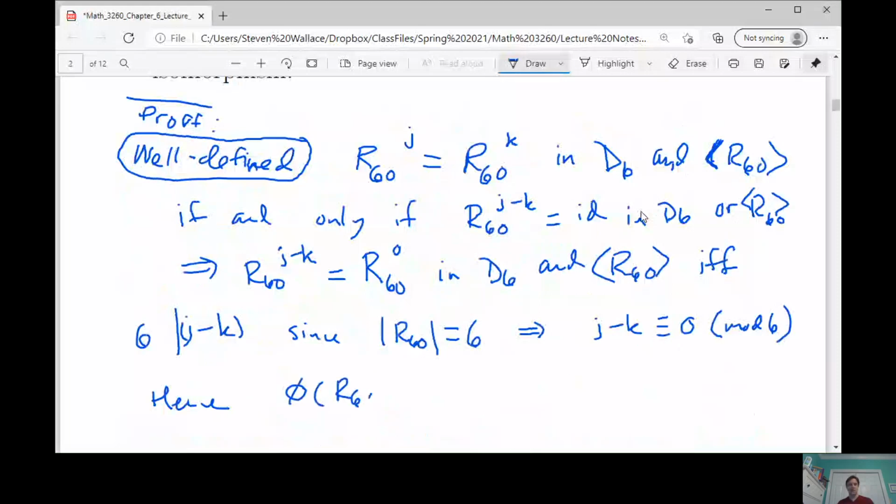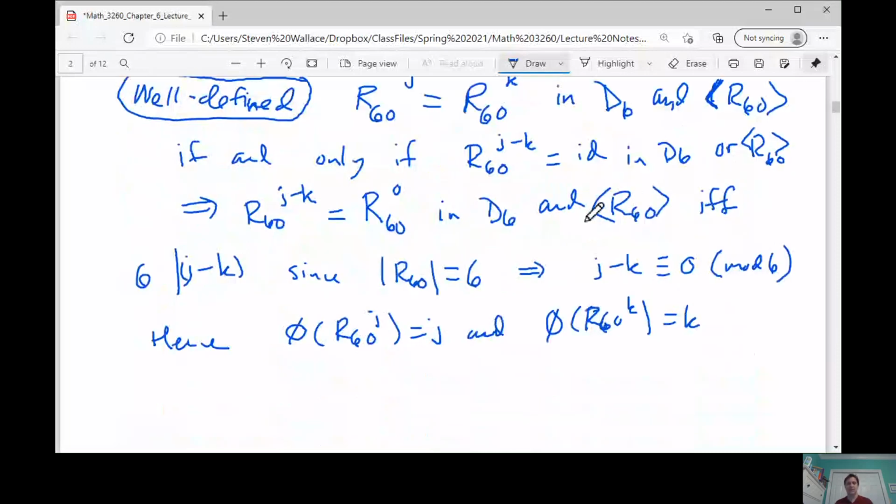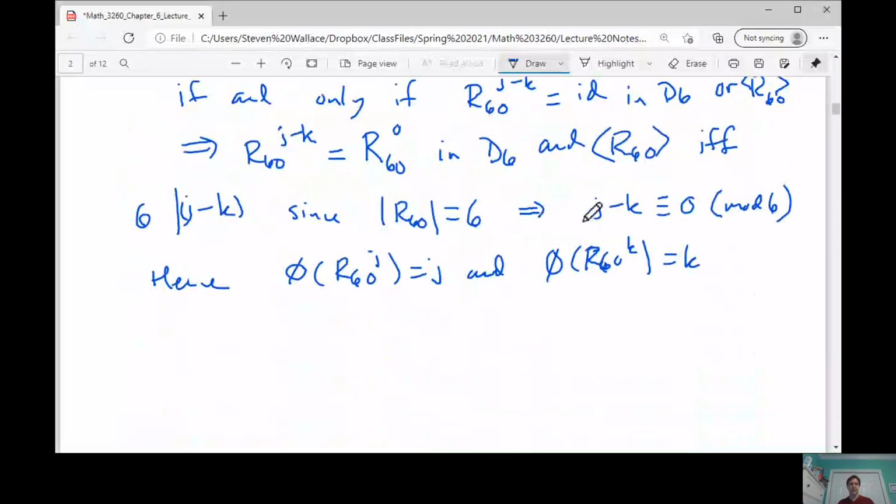phi of R60 to the J, which is J, and phi of R60 to the K, which is K, okay, will be equal since J minus K is congruent to 0 mod 6.